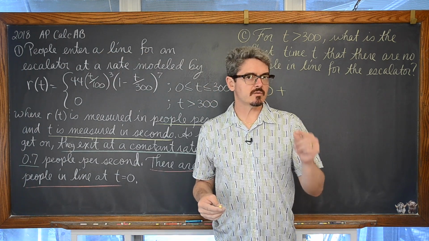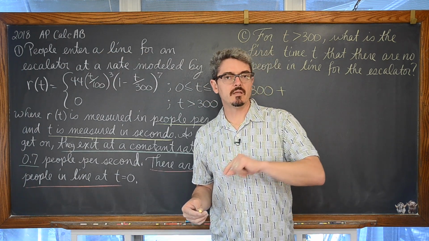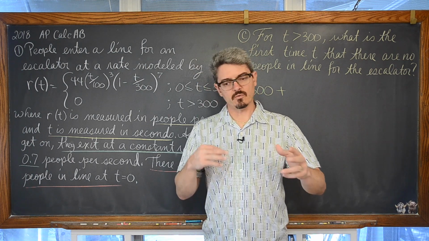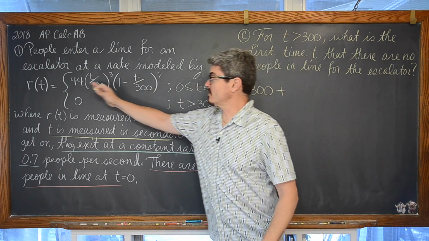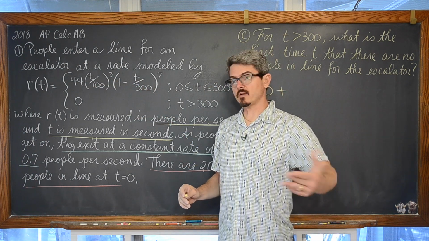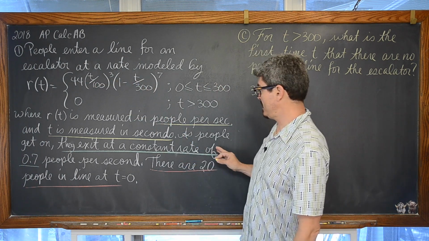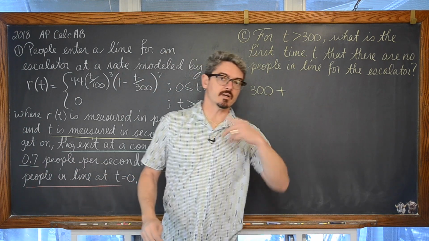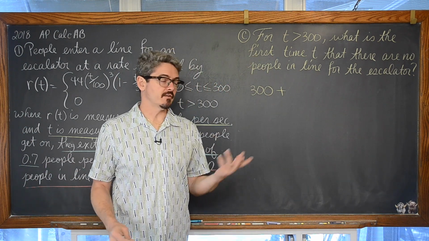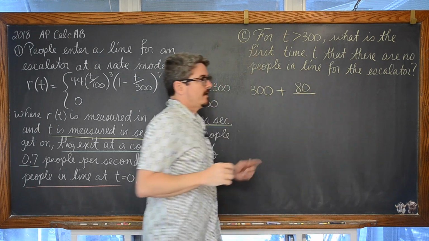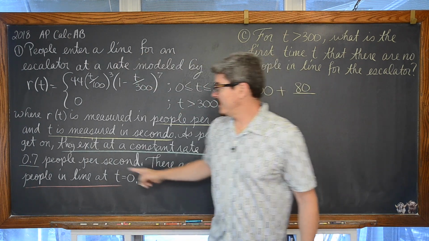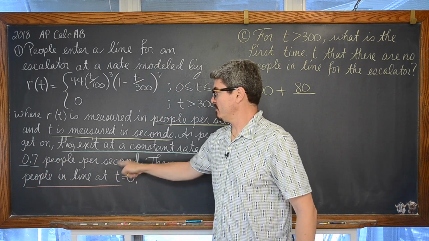And we just found out from part B that after 300 seconds, when you incorporate the initial 20 people that are there, the function which is describing the rate at which they get on the escalator, the function basically which describes the rate at which they get off the escalator, that there is 80 people left. Well, there's 80 people left, and those 80 people are getting off at 0.7 people per second.